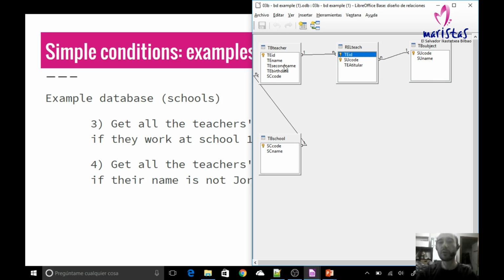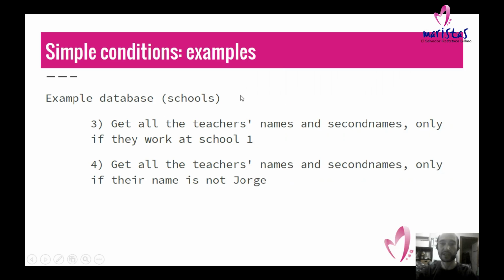They need to work at the school 1. Okay, as each teacher works at one school, here we can see the code of the school they work in. So SC code is the field for our condition, and SC code must be 1, okay, as we want to see all the teachers' names and second names, but only if they work at the school 1.